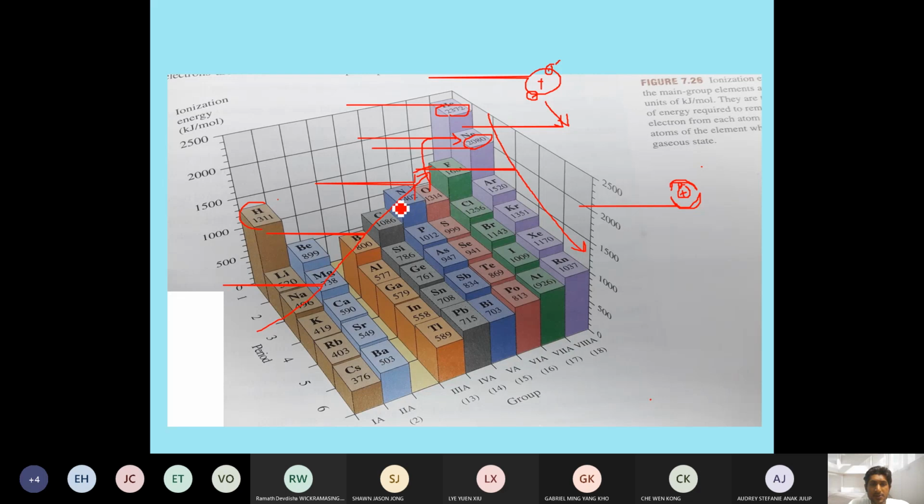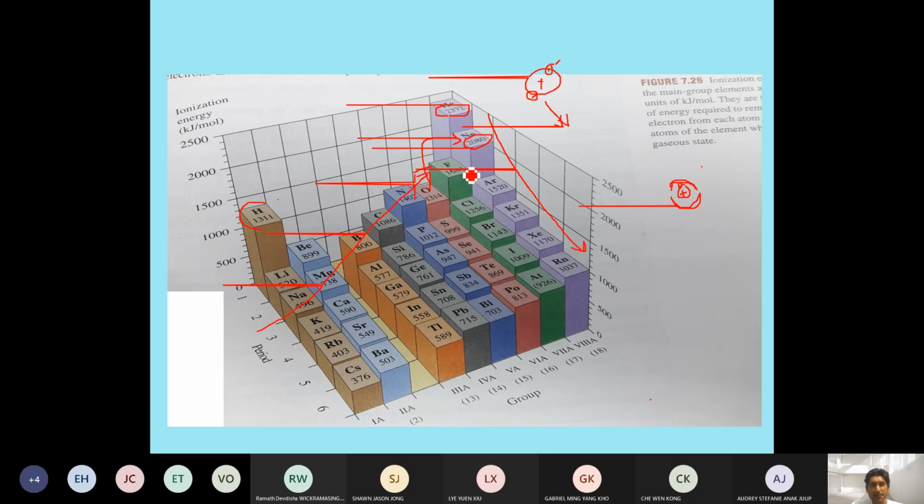But for nitrogen, it has 7 electrons, so the shielding is a bit less compared to the size of oxygen to nitrogen. Size is almost similar, so that nitrogen is less shielded because of 7 electrons. I'm sorry, 7 protons. And around it 7 electrons. So it's less shielded than oxygen.